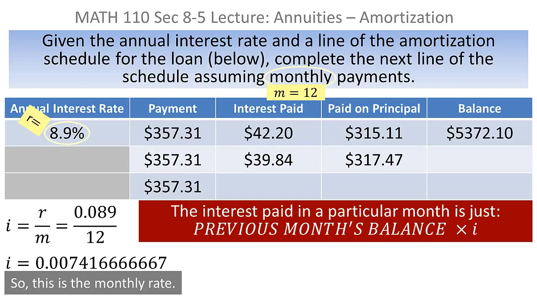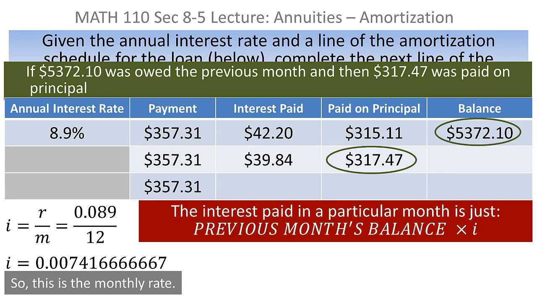Now we've only got one more value in that row, and that's in the last column, which is the balance owed. Well, again, this is the amount of money that you're paying on principal. This is what you owed beforehand. So if you paid that amount, then your balance is reduced by the amount that you paid on principal.